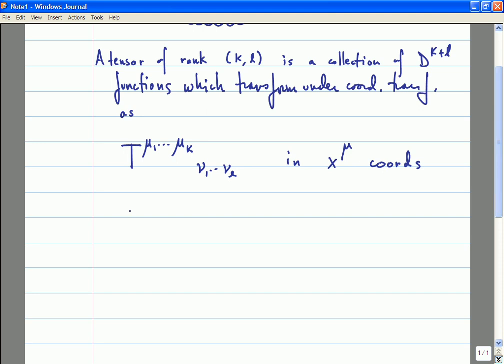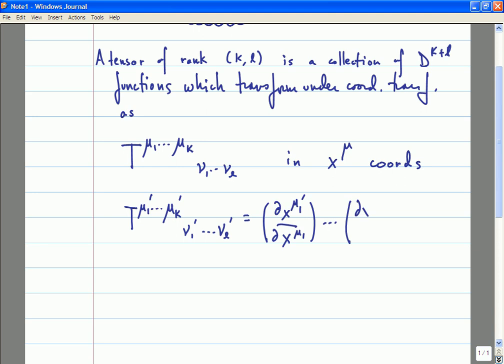In primed coordinates, you would again give the tensor by d to the k plus L functions, labeled by k upper and L lower indices, which are related to the components of the tensor in the unprimed coordinates by the multiplication by k Jacobian matrices and L inverse Jacobian matrices.